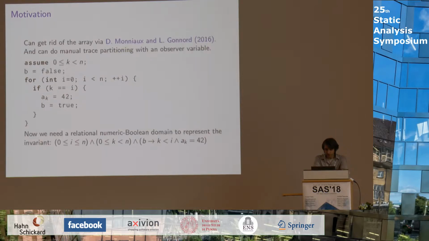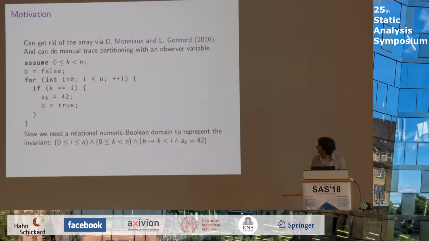And we can go even further, and help the analyzer by doing some trace partitioning manually. We introduce this Boolean variable b that we set to true when we initialize the array element.